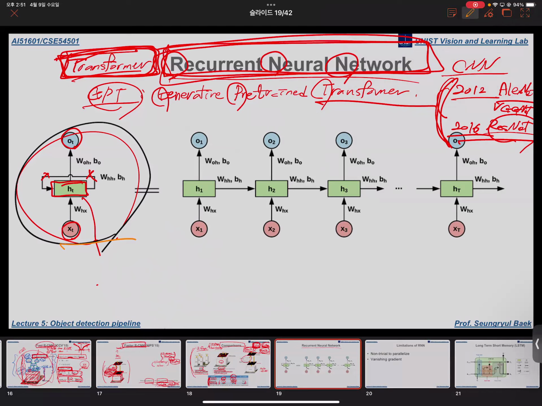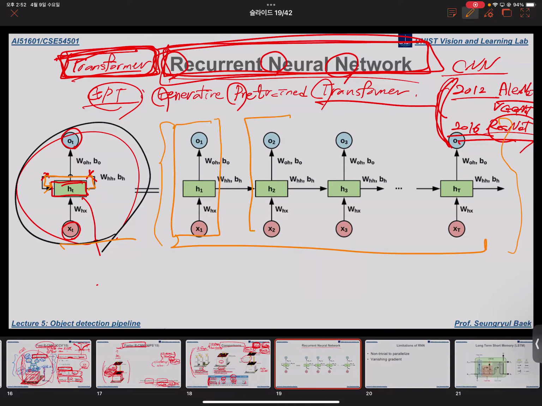So basically, in this RNN, this is the recurrent component, but if we flatten it, it would look like this. So the basic blocks are the same as the MLP that I drew already.